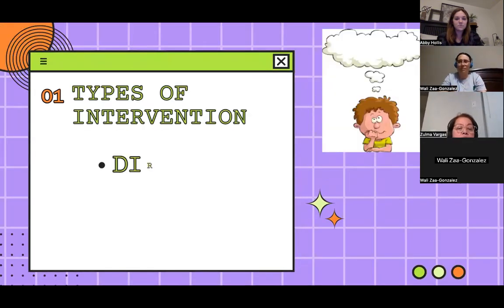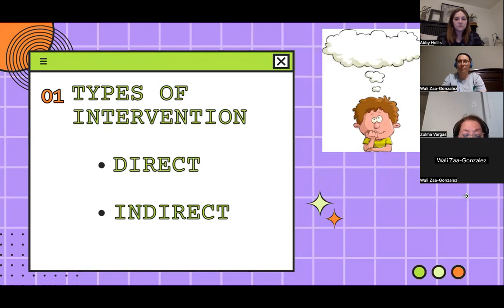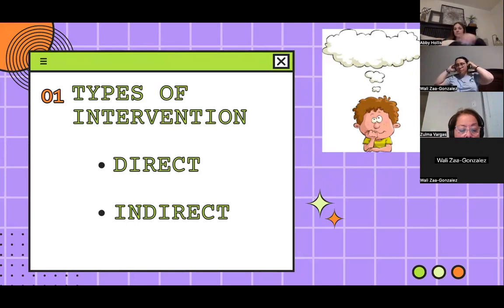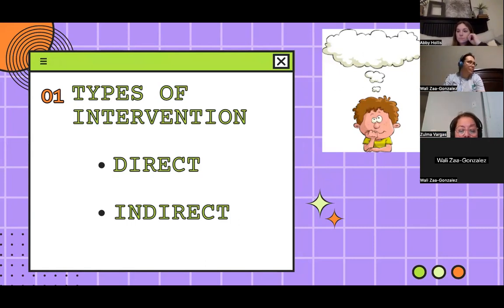Okay. Type of intervention, direct and indirect. Direct is like explicit step-by-step direction. We have to make sure that the learner gets to the point before moving to the next step. It provides explicit instruction. It keeps direct attention on the target, and invites the learner to be intentional, to have the intention to learn.